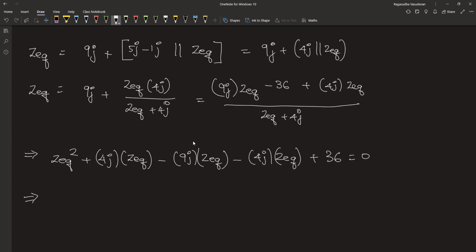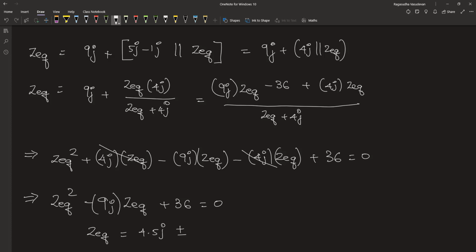So we get a quadratic equation like this. Upon solving, we get the value of the equivalent impedance to be 4.5J plus or minus 6.708J. Therefore, the equivalent impedance could be around plus 12J, or around minus 2.2J.